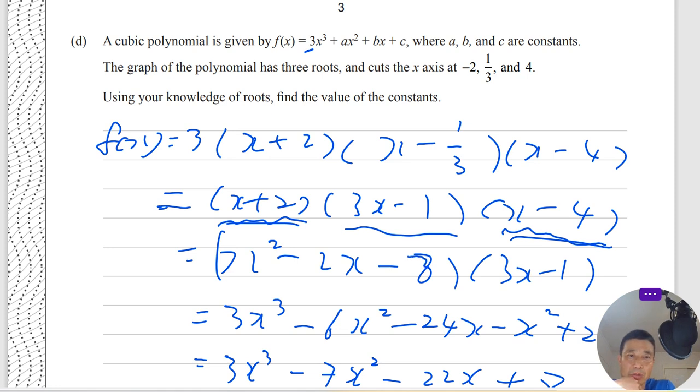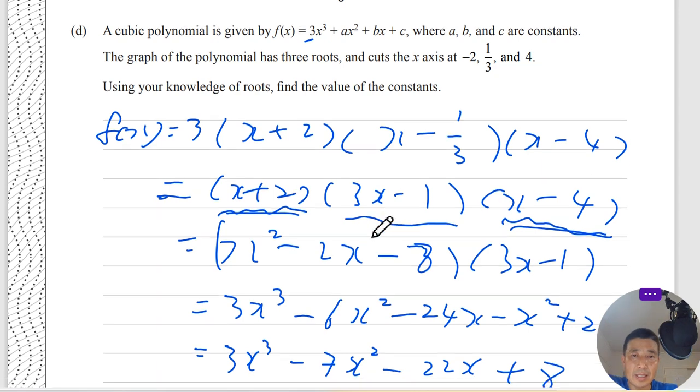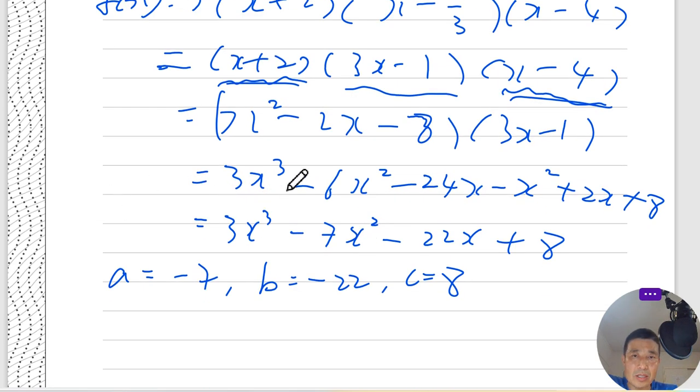And then times by (3x minus 1). I get 3x cubed minus 6x squared minus 24x minus x squared plus 2x plus 8. I go 3x times everything inside, and then minus 1 times everything in that bracket, and then simplify like terms.